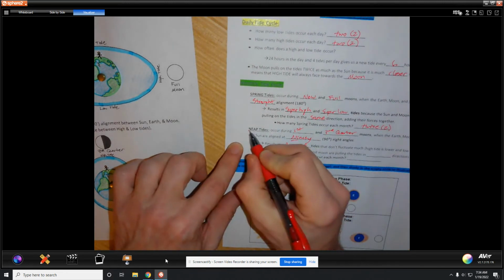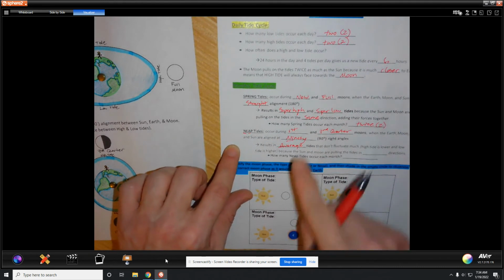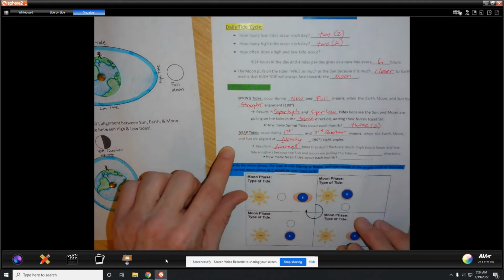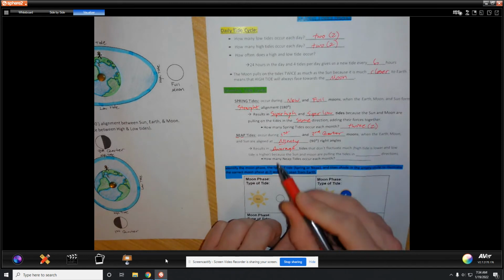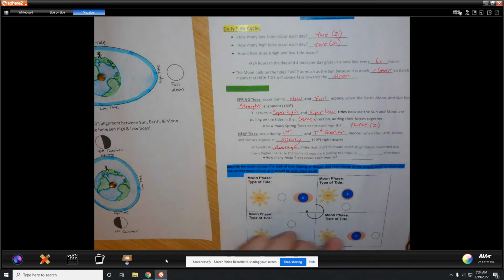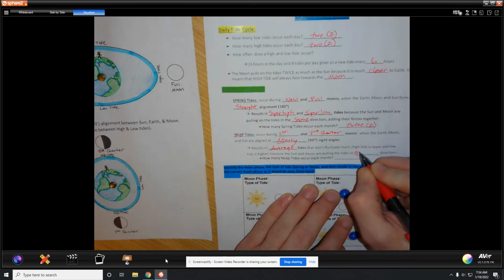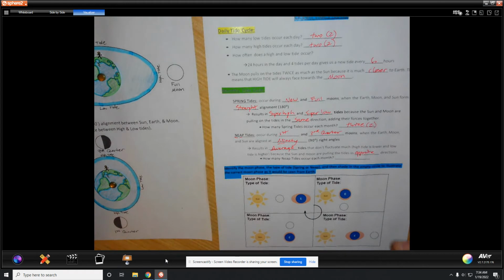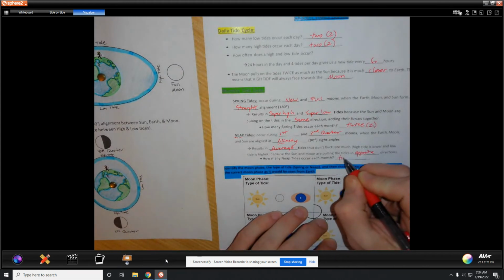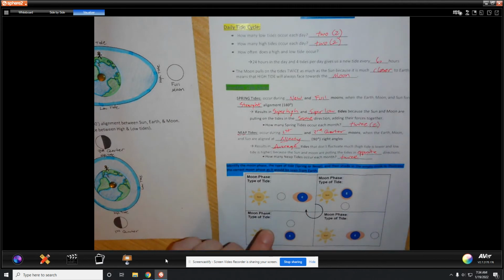You can use the N and the A in neap to remind you of 90 degrees and average tides. And these are tides that don't fluctuate very much. High tide is lower and low tide is higher because the sun and moon are pulling the tides in opposite directions. And just like with spring tides, we're going to see the neap tides twice, whenever we have the first quarter and the third quarter moons.